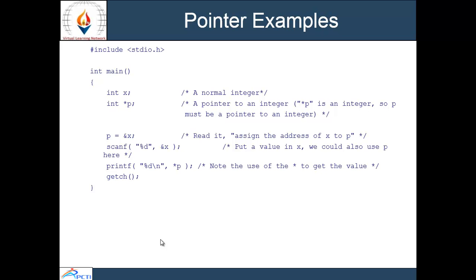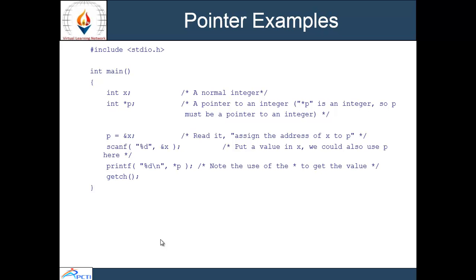Here p is the name of the pointer and int is the data type which it will point to, an integer variable. The next statement is p = &x. It assigns the address of x to p.